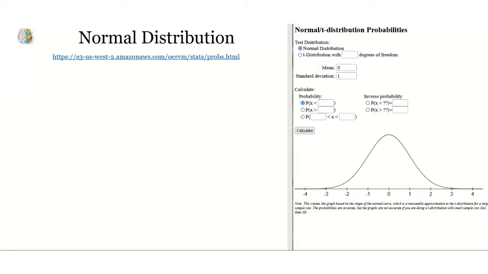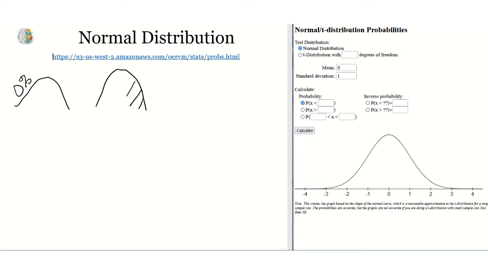Before we solve for our probabilities, let's understand how to read this graph. The probabilities are going to be the shaded area under the graph. So if I have an empty graph, that's going to give me a 0% probability.